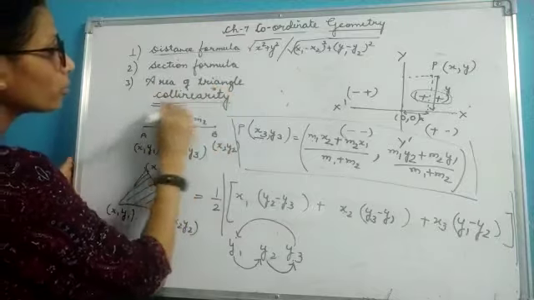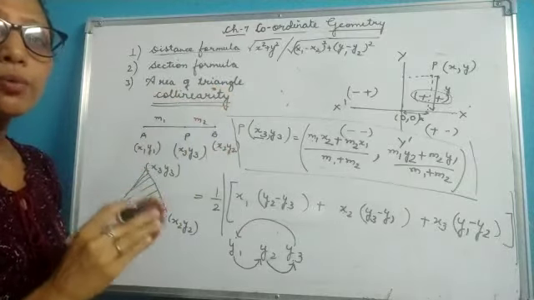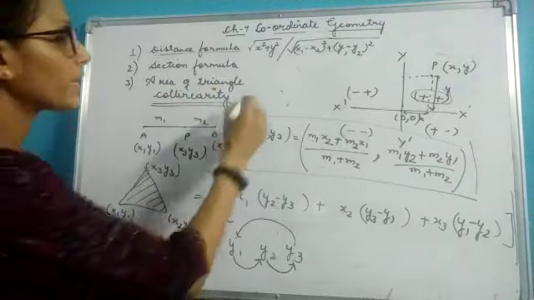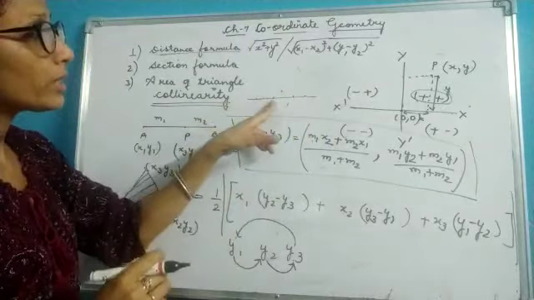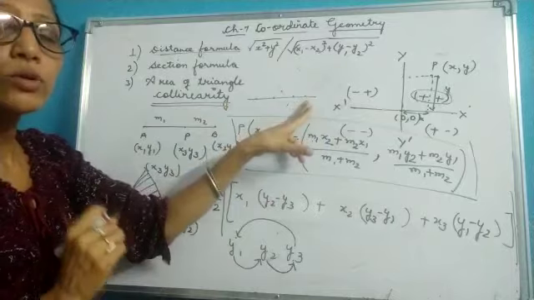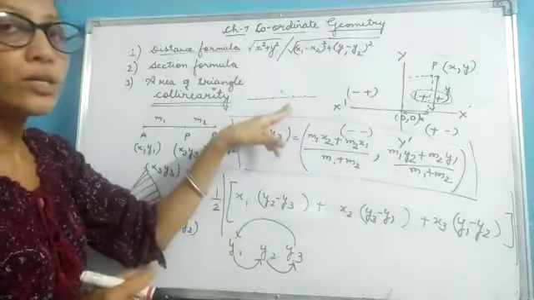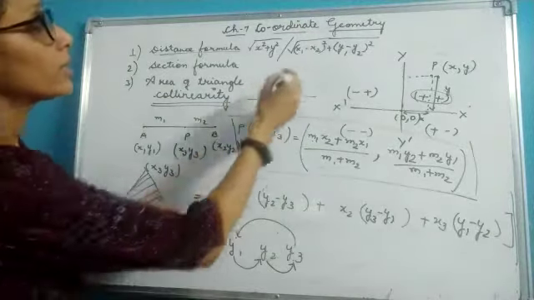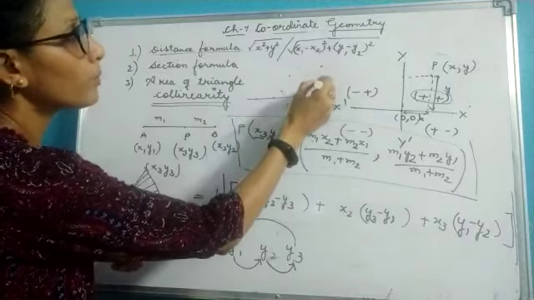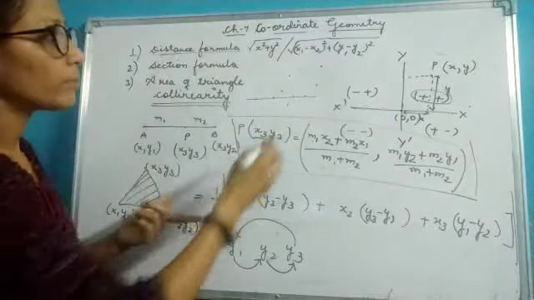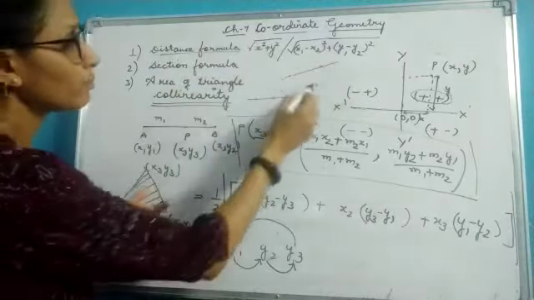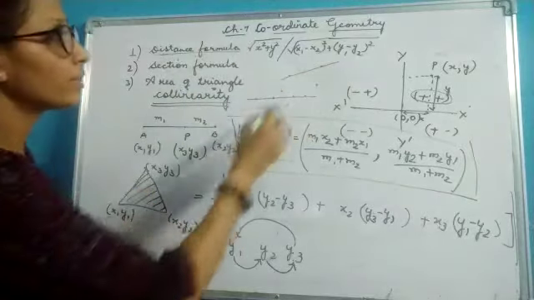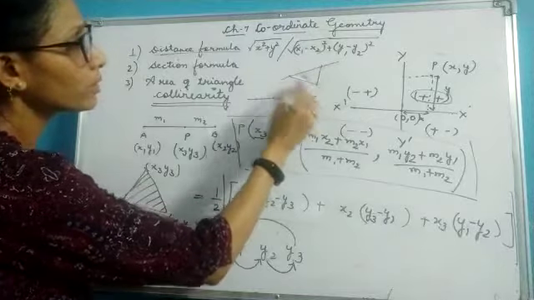Okay. Then third is your collinearity. Children, you know that collinearity means the points which lie on the same line. These are the collinear points. That means if the points are collinear, lying on the same line, then we cannot form a triangle. Triangle is formed by non-collinear points. If say these two points are lying on the same line, but this third point is not lying here, then only I can frame a triangle.